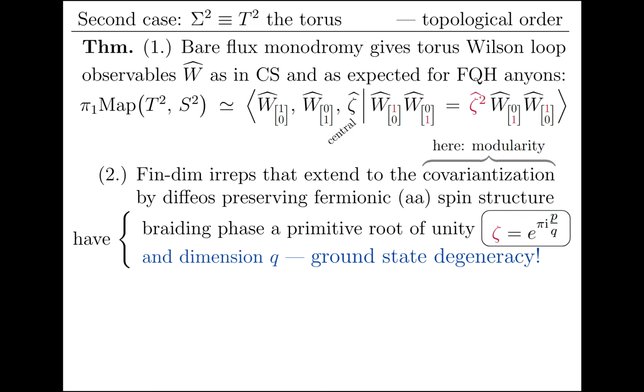It's at this point that there's a slight discrepancy here at non-unit filling fractions. If p is not equal to plus or minus 1, then for some of these hierarchical states in K-matrix Chern-Simons theory, the ground state degeneracy is always the square root of the determinant of the K-matrix. It's not just q in general.